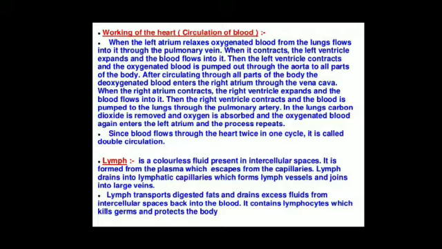When the left atrium relaxes, oxygenated blood from the lungs flows into it through the pulmonary vein. As I told you, all the veins carry deoxygenated blood, but there is an exception. Pulmonary vein carries oxygenated blood.